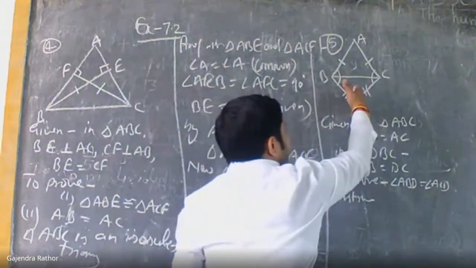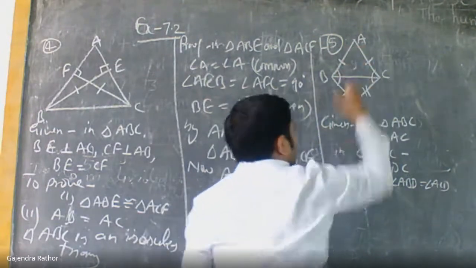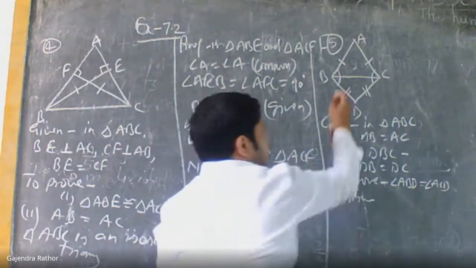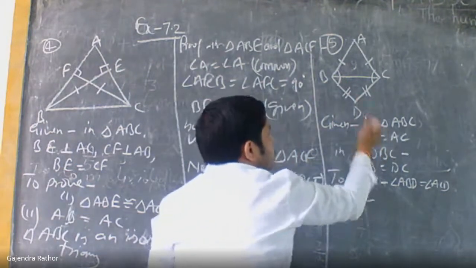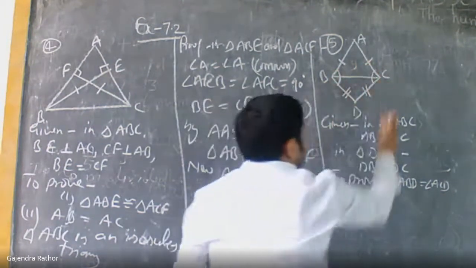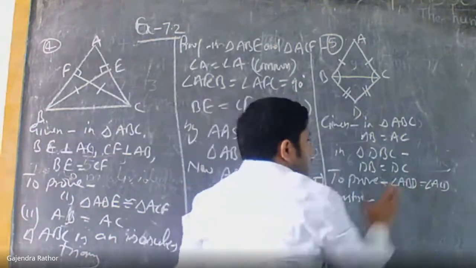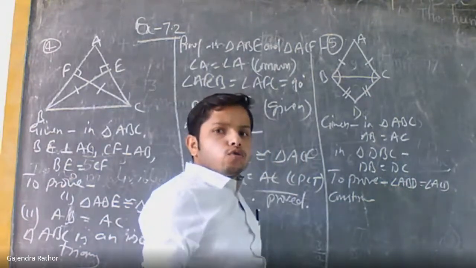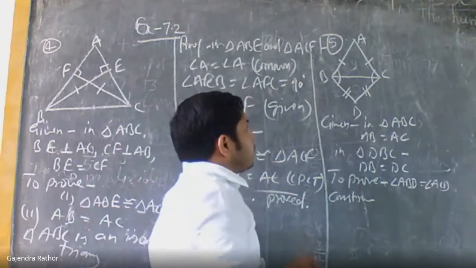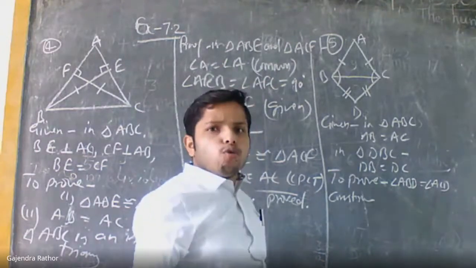If we divide this quadrilateral into two triangles and prove the first triangle congruent with the second triangle, then by using CPCT, we can show that these angles are equal. So first we need to divide the quadrilateral ABCD into two parts.